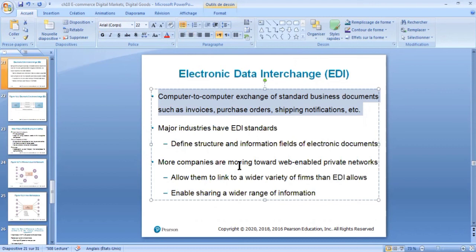These transactions are automatically transmitted from one information system to another. Okay, using EDI, using networks. So when we use EDI we can eliminate administrative costs like printing or handling of paper, etc.